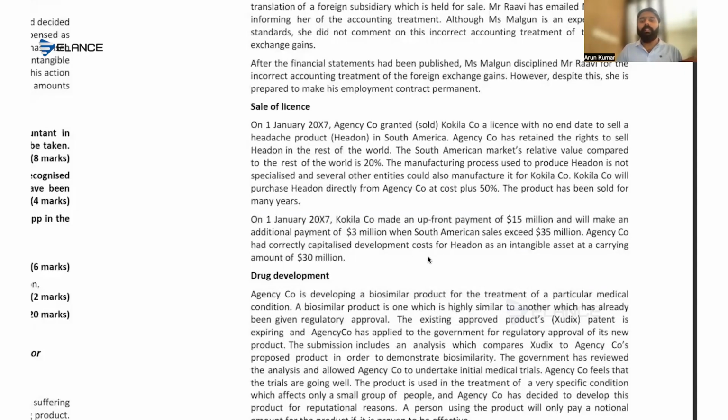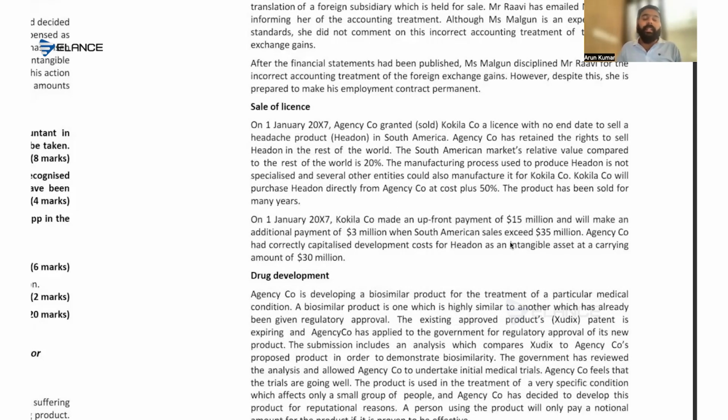According to their estimate, South America is 20% of their total value. So the total capitalized amount of 30 million multiplied by 20% will help you understand the carrying value of the disposed item, and we'll compare it with the proceeds. So how much is the proceeds?